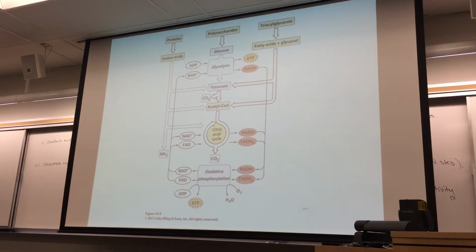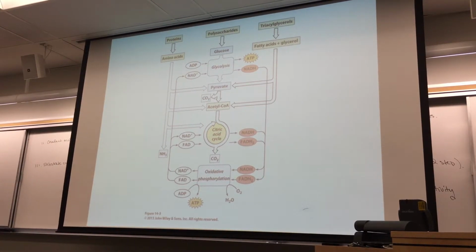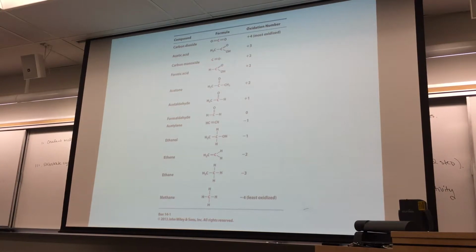This is figure 14-3 in your book, and it just kind of shows a very general overview of what we're going to talk about. When we were talking about the catabolic pathways, we also talked about the fact that really what we're looking at is oxidation of carbon.